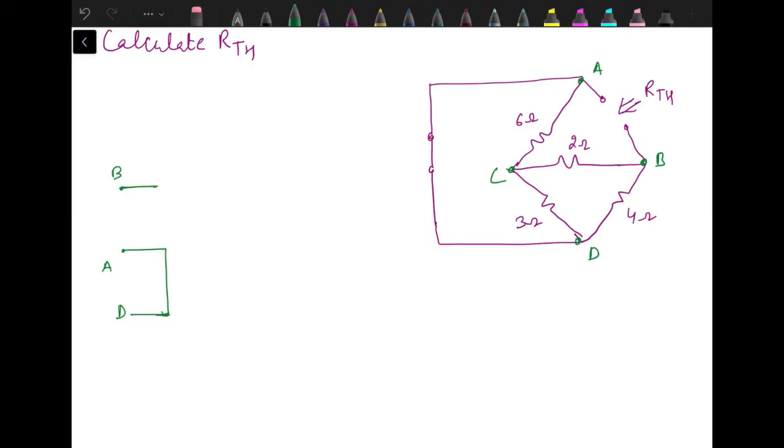A and D are same. Let's say we have terminal C over here. Now from A to C, we have one resistance of 6 ohm that we had drawn over here. Then C to D, 3 ohm resistance. So let's say this is how we draw C to D. Then we have a resistance between B and C as well, that is 2 ohm.